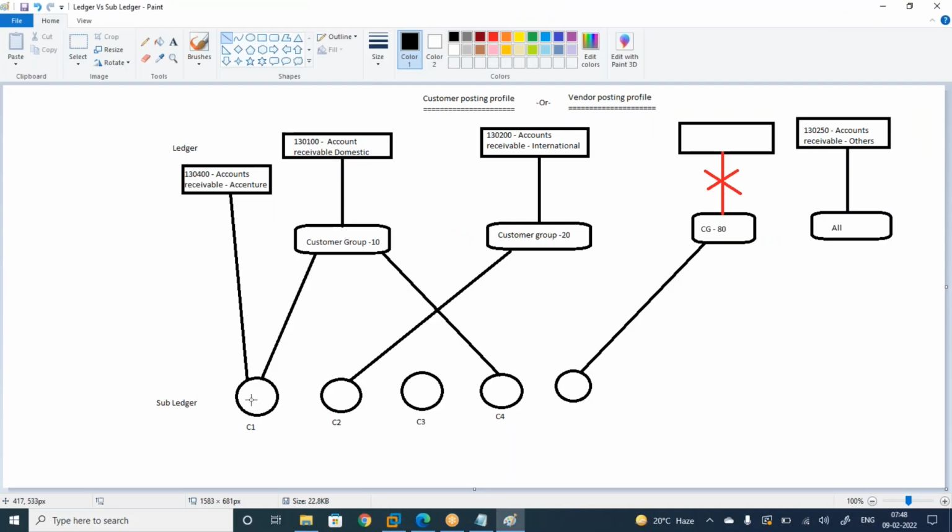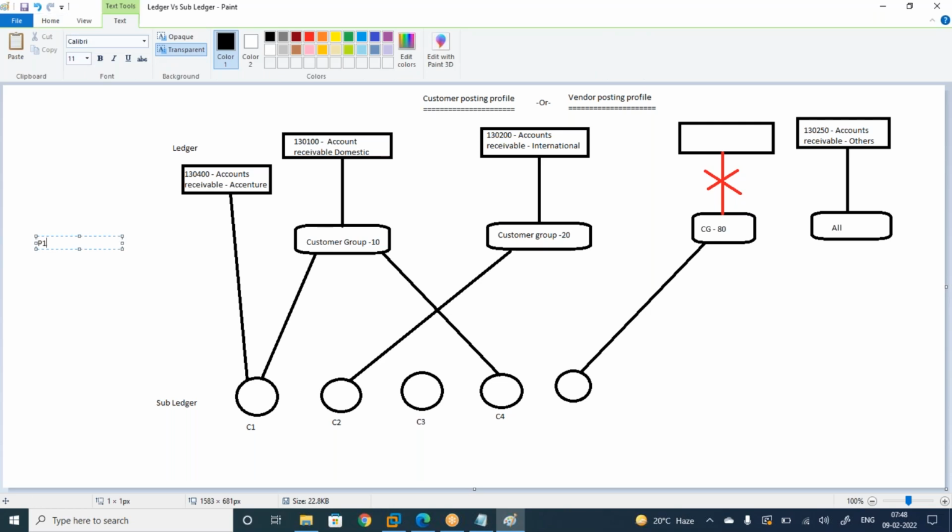Then this customer is linked with the group, customer is linked with all, or in all customers it is available. Then which one is the first priority? Always table is the priority one. If not, priority 2 group. Otherwise, priority 3, all. This is most important.